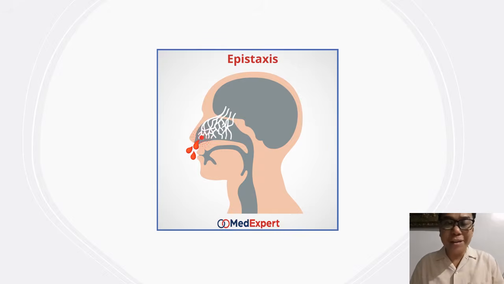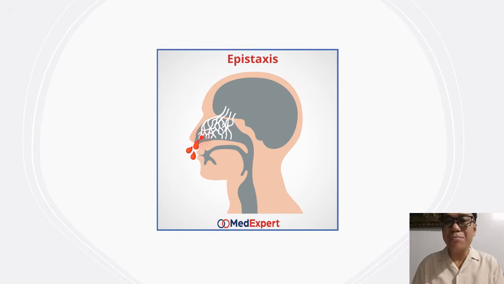So next one in our list is epistaxis. So that is bleeding of the nose. So there is blood coming out or gushing from our nostrils. Okay. So possible etiology of epistaxis. One, it could be secondary to trauma. Okay, maybe someone punched you on your face, so it could be one of the possible etiologies.